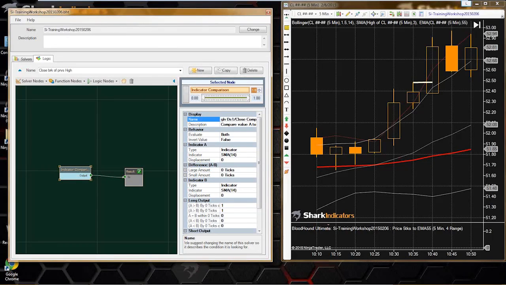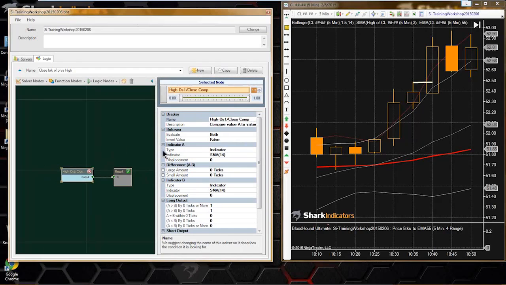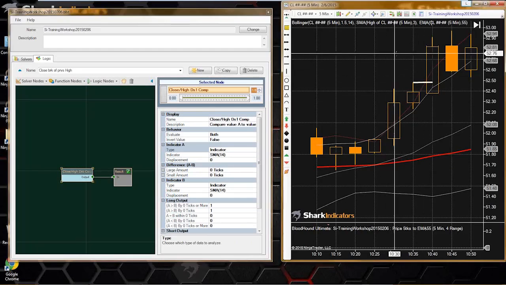I'll explain my naming convention here in just a minute. So you'll notice I put high, and then I put DS for displacement 1, and we're comparing it to the closing price. Actually, let me rearrange that. Okay. So indicator A is going to be our closing price.